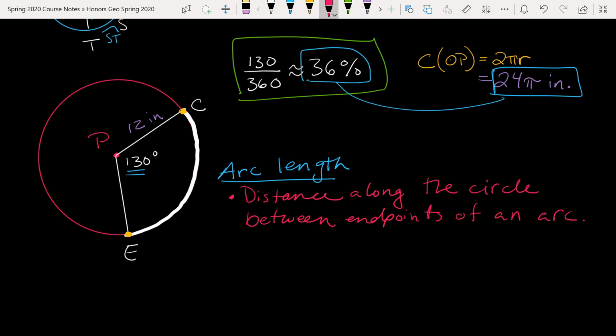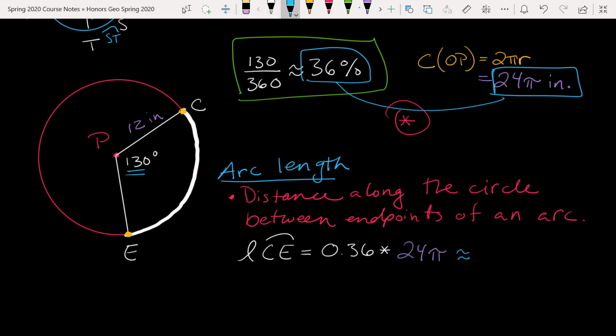And since we're trying to find this distance along the circle between the endpoints, all we have to do is a little bit of multiplication here. 36% of 24 pi inches. Here's the important part where we introduce the notation again. The length of arc CE, I'll represent that with a cursive L. The length of arc CE is just that product.